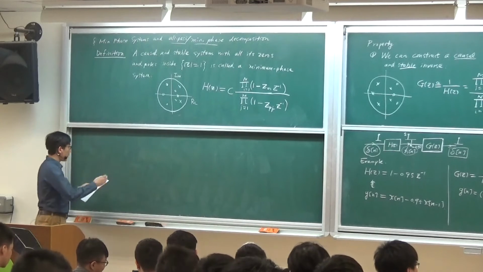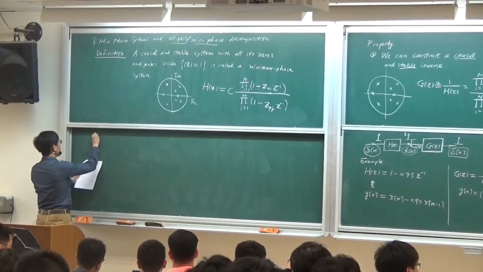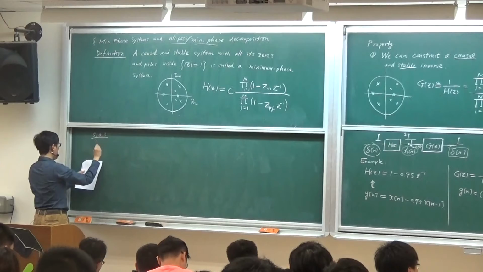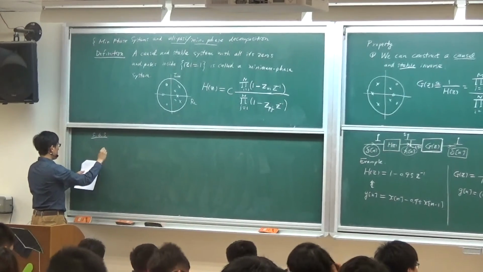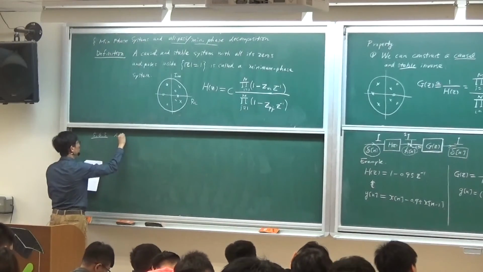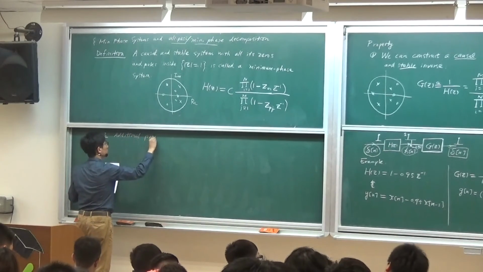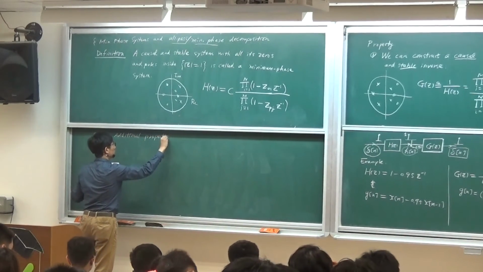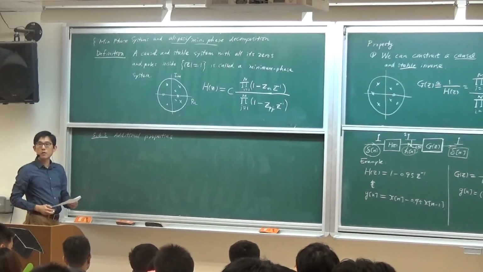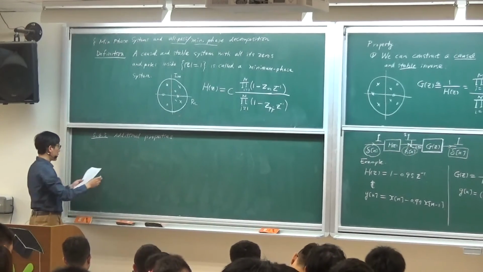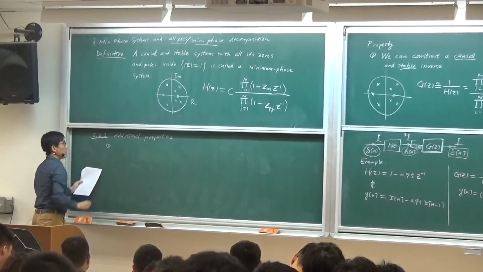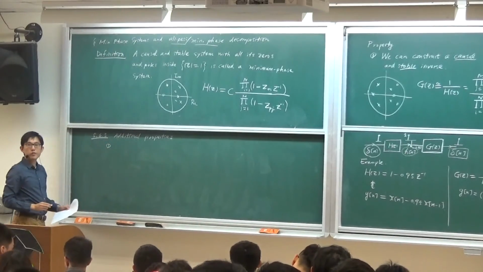Section 5.6.3, additional properties for a minimum phase system. We have three properties.